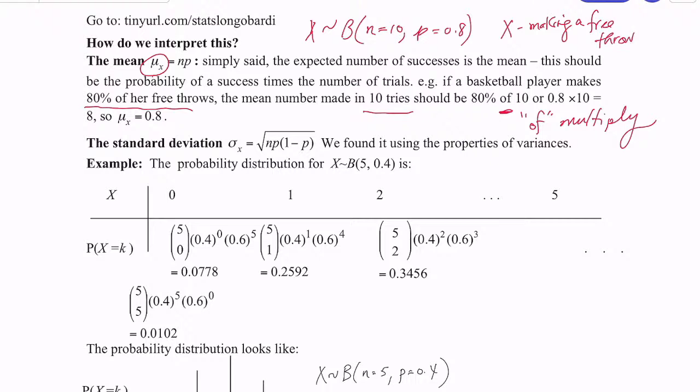Okay, making a free throw. So to get that average with this information, what we did was multiplied these two.